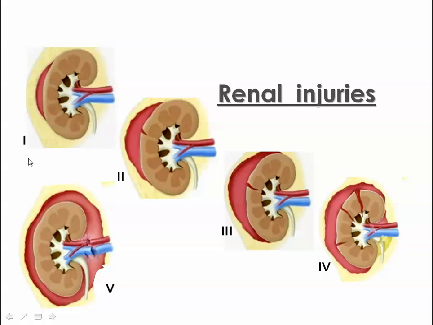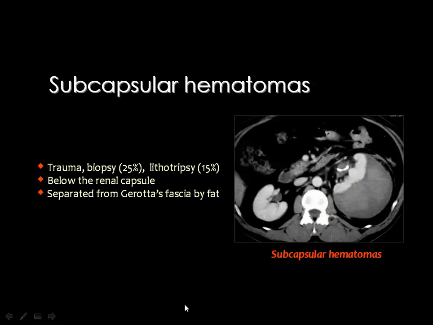Grade 1 may represent just a simple contusion of the renal parenchyma with some perinephric hematoma, and grade 2 shows a laceration which is not reaching the pelvicalyceal system with a larger perinephric hematoma, and grade 3 will show a deep laceration reaching the pelvicalyceal system with a more sizable hemorrhage, and grade 4 means that there are multiple renal lacerations or the shattered kidney, and grade 5 will represent avulsion of the renal vascular pedicle.